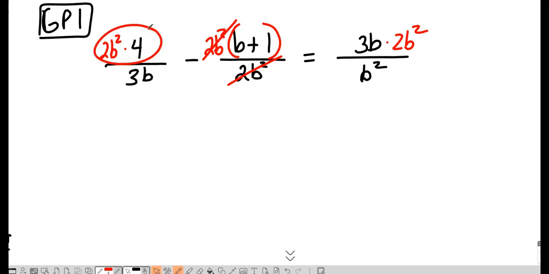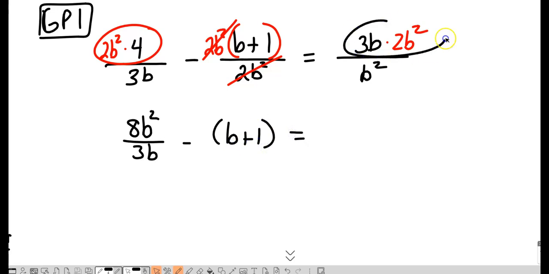So this one here is going to be 2b squared times 4 is 8b squared. And then over here we have 6b cubed over b squared. All right.